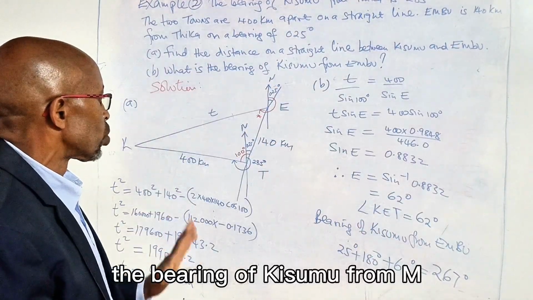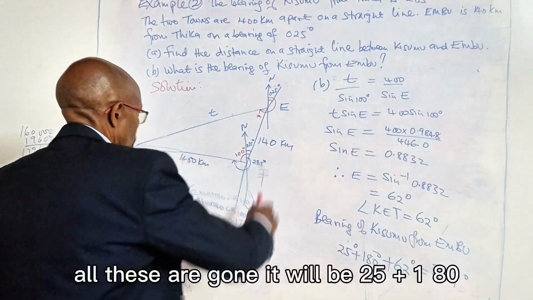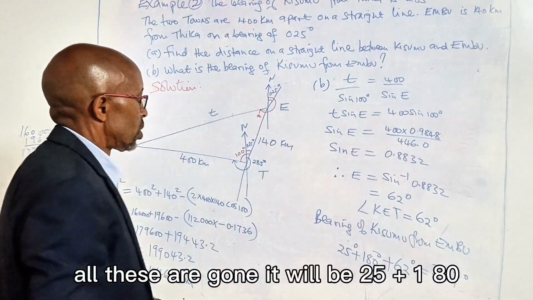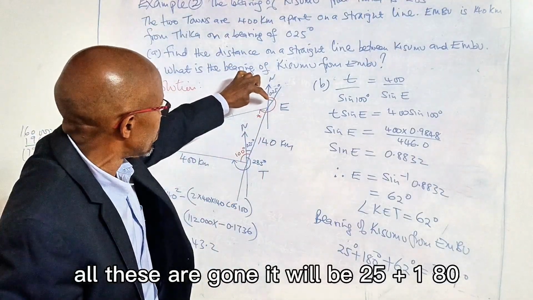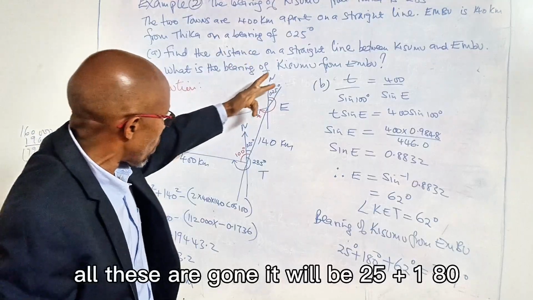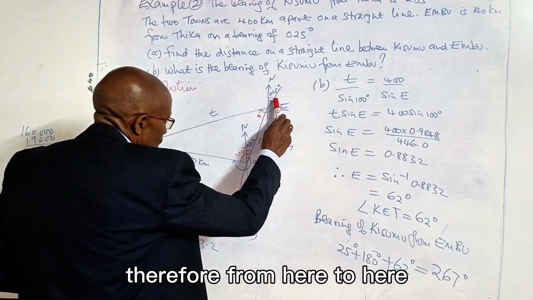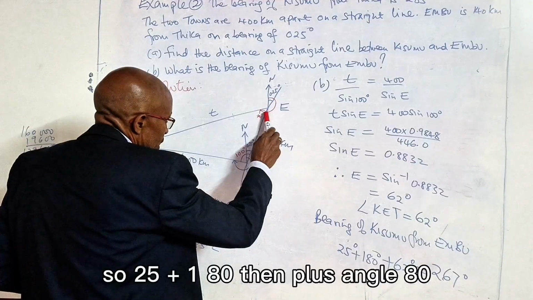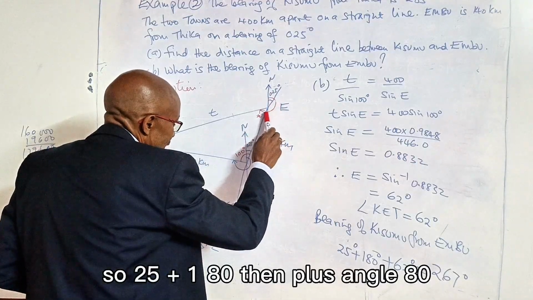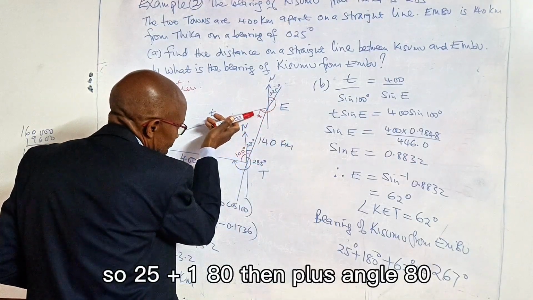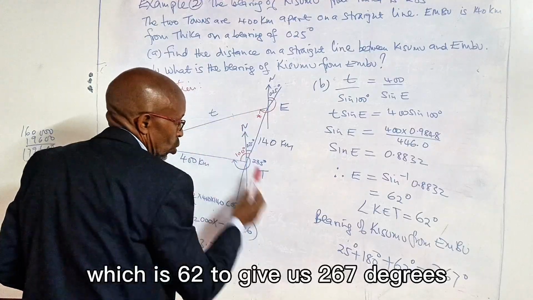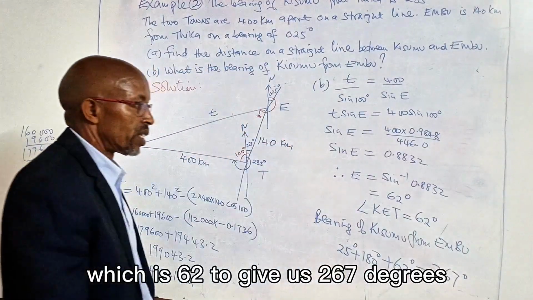The bearing of Kisumu from Embu, all these angles, will be 25 plus 180. This is a horizontal line, therefore from here to here it is 180. So 25 plus 180, then plus angle KET, which is 62, to give us 267.